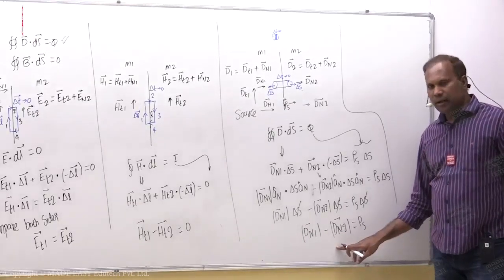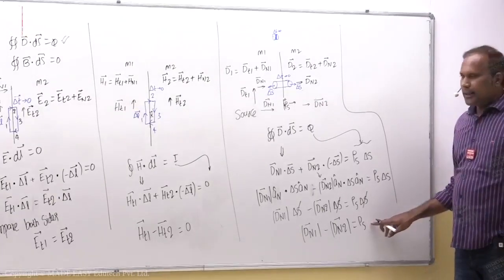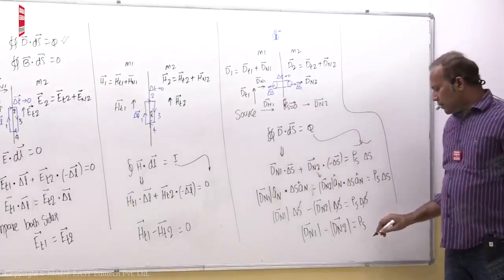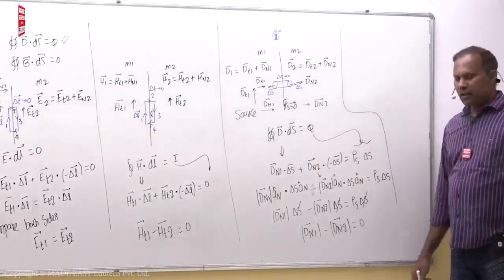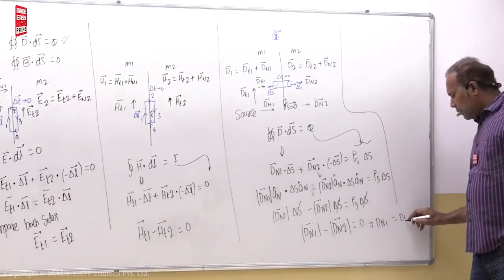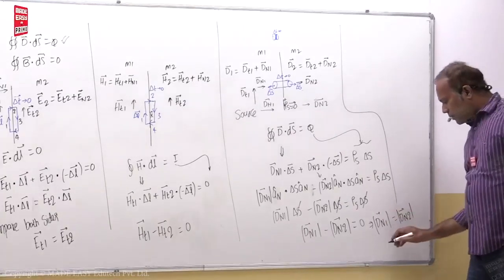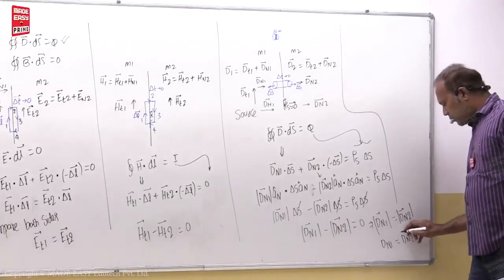Discontinuous means not equal on the boundary surface due to the surface charge density present. If it is a charge-free boundary, rho s is 0. Then again dn1 is equal to dn2, so you say they are continuous. Continuous means equal. In mod form also they are equal, and in the vector form also they are equal, students.